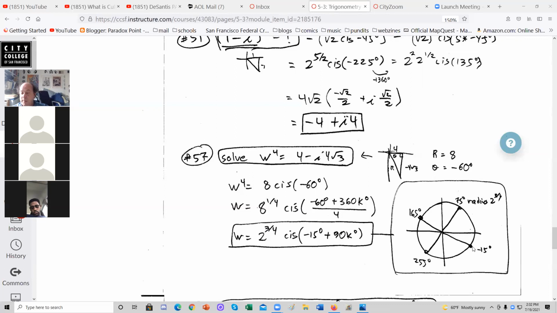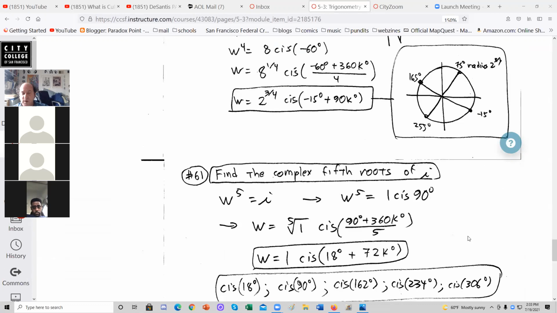So, for example, this is out a distance 2 to the 3/4, at an angle negative 15 degrees. At another 90 degrees, this is at 75 degrees. At another 90 degrees, this is at 165 degrees. Another 90 degrees is at 255 degrees. So you get these four fourth roots.